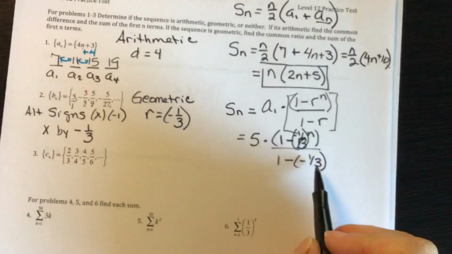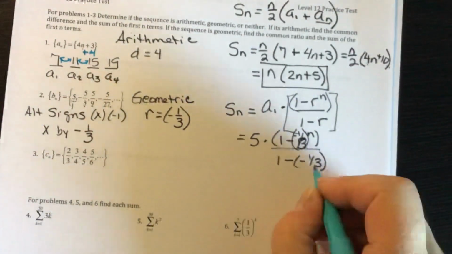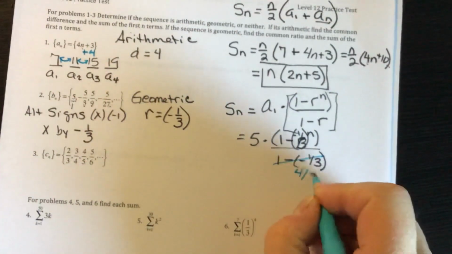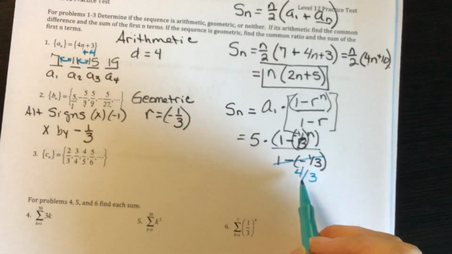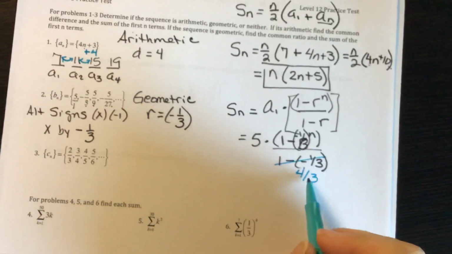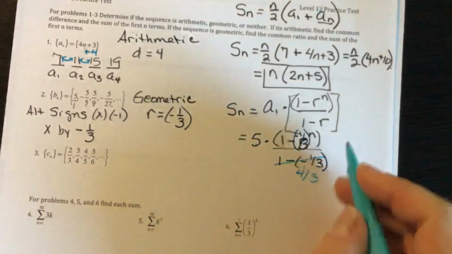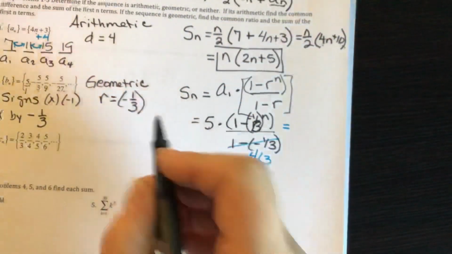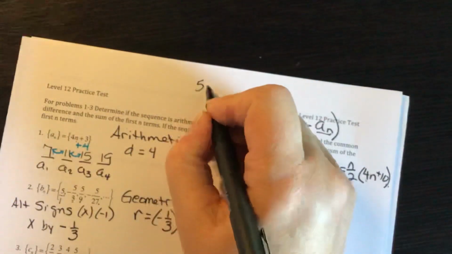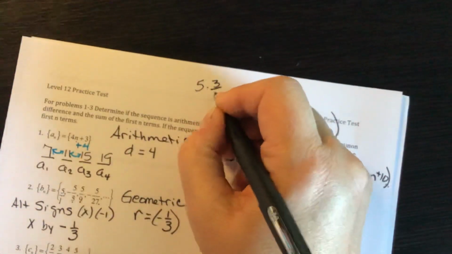So 1 minus negative 1/3 is 4/3. Minus negative is plus, so I'm adding them together, and I get 4/3. If I take 5 and divide by 4/3, I'm going to have 5 times the reciprocal, which is 3/4.